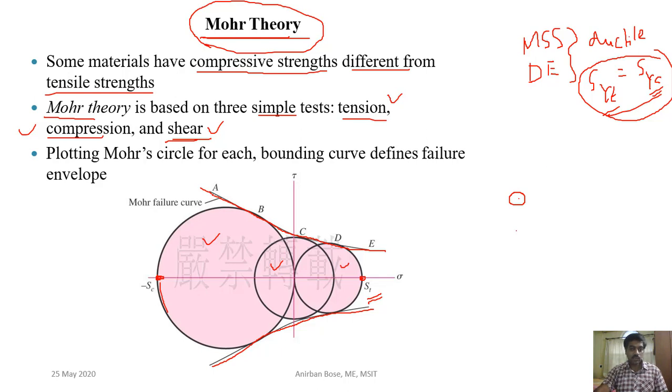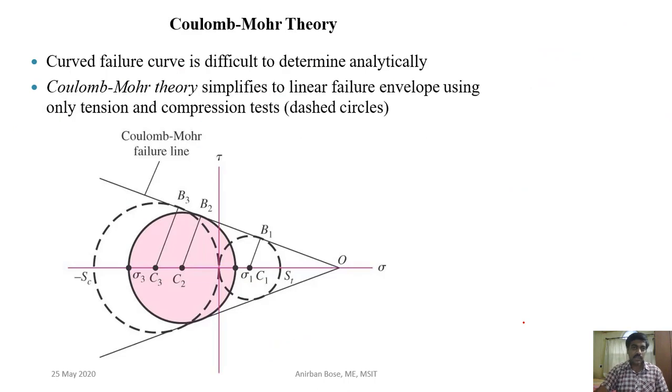But it is very difficult to represent this curved line of all these three circles analytically, and that is why a simpler version, called the Coulomb Mohr theory, is considered, where only the tensile and compressive cases are considered. Shear is not considered.